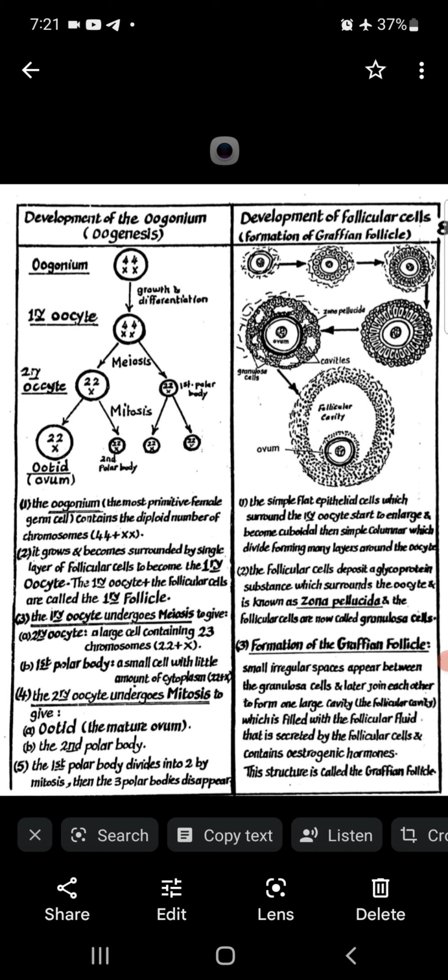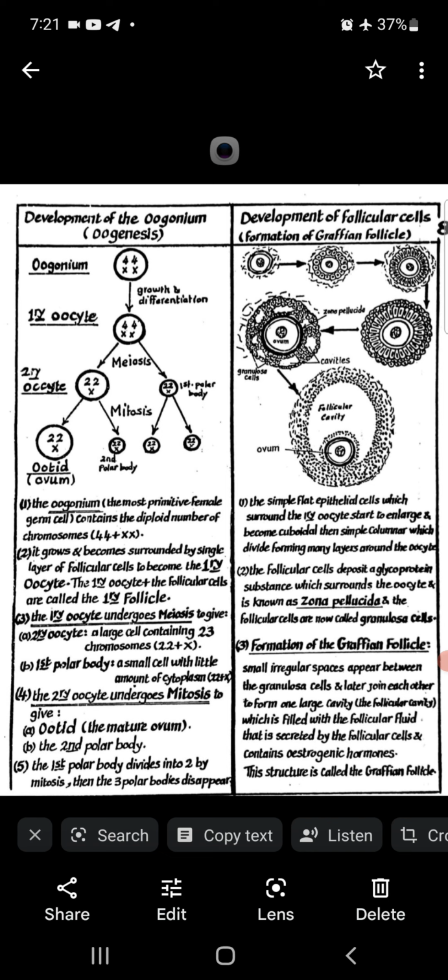First, there is the oogonium which contains the diploid number of chromosomes. Then, with the help of mitosis, the oogonium grows and differentiates into primary oocyte, and with the help of meiosis, the primary oocyte divides into secondary oocyte and first polar body.